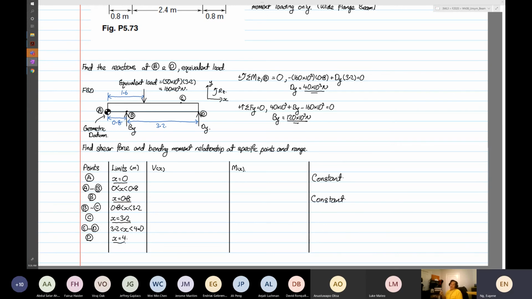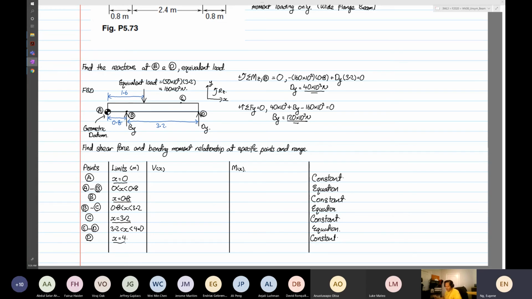I repeat, it is a constant because it is a specific location. Now, you have a range: A to B is a range, B to C is a range, C to D is a range. When that's the case, that's where you are going to write an equation.